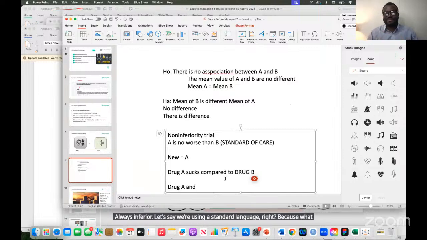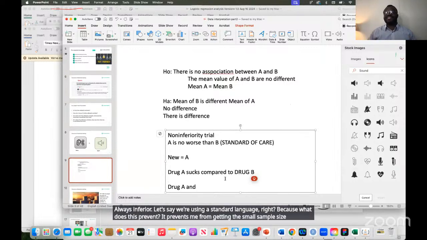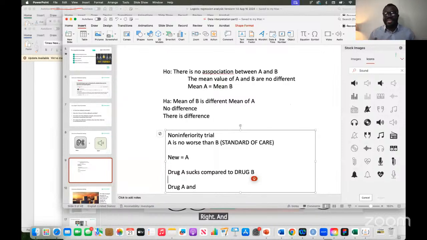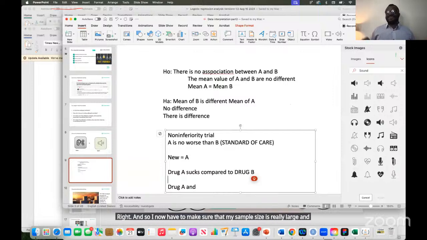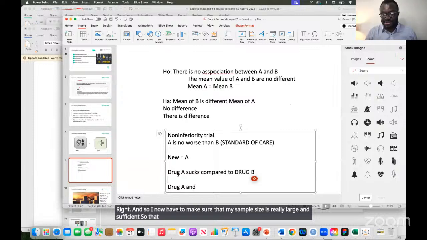It prevents me from getting a small sample size and doing a very sloppy study and coming up with a conclusion, right? And so I now have to make sure that my sample size is really large and sufficient so that I can demonstrate that the alternative, which is drug A, is non-inferior to drug B.